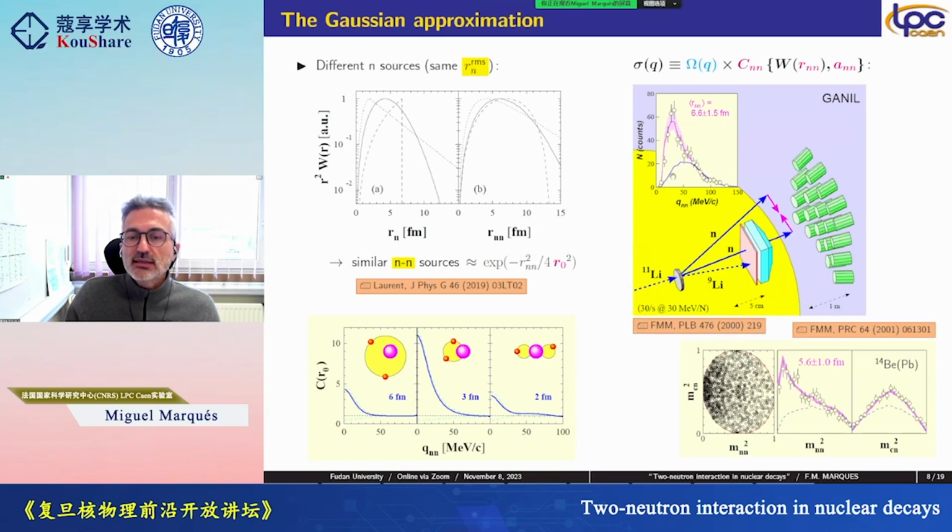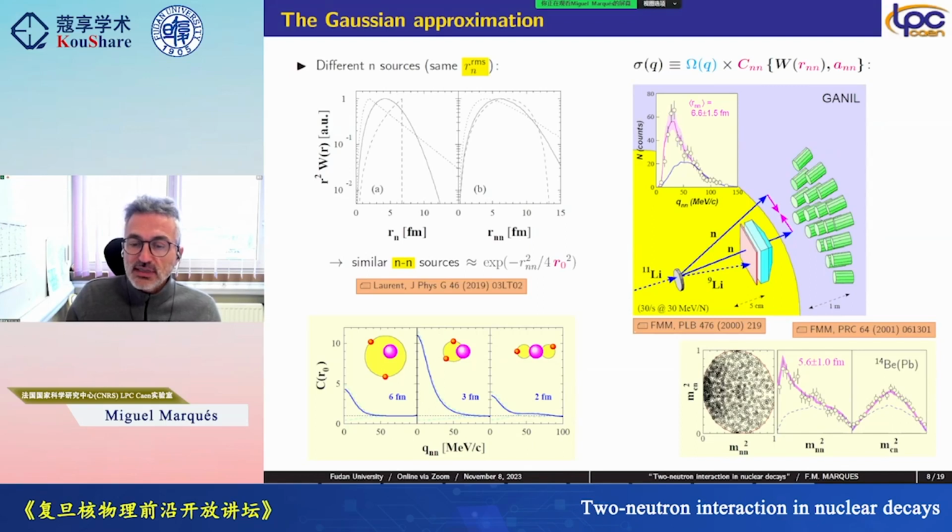The solid line, the blue line here, is obtained by event mixing. And when you add to this event mixing the correlation function of Lednicky with a Gaussian source, then you obtain the pink line for 6.6 fermi average neutron-neutron distance. So you see that it works quite well.